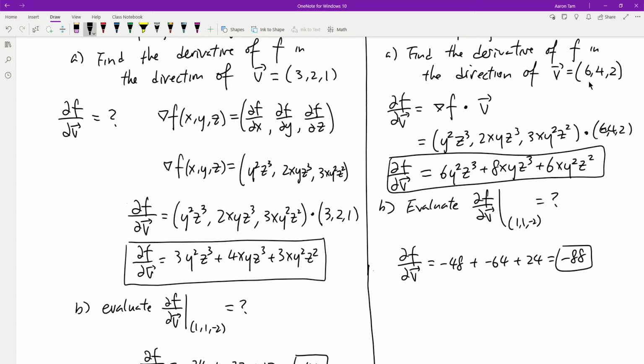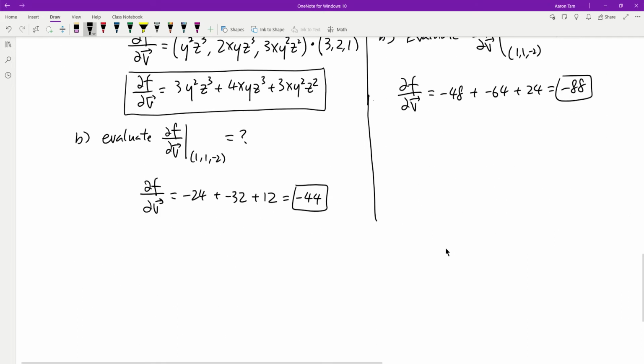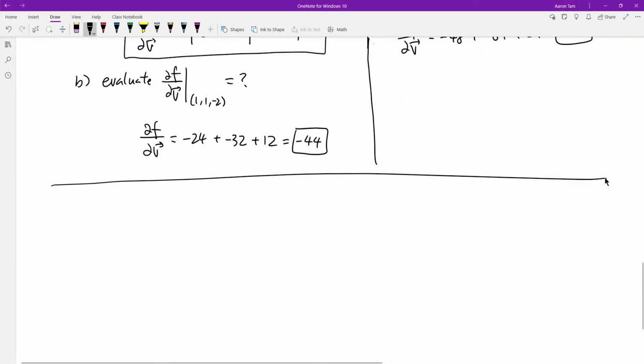So how do we fix that problem? Well, simple. The reason why this becomes an issue is because we try to use a vector to define a direction. But a vector defines two things together, a direction and a magnitude.